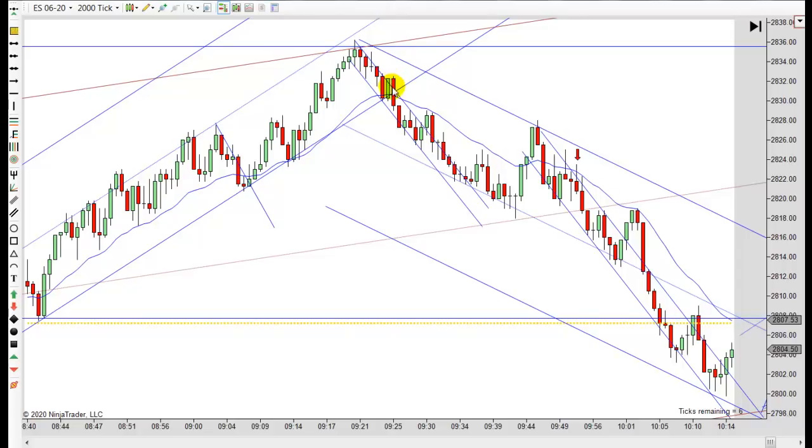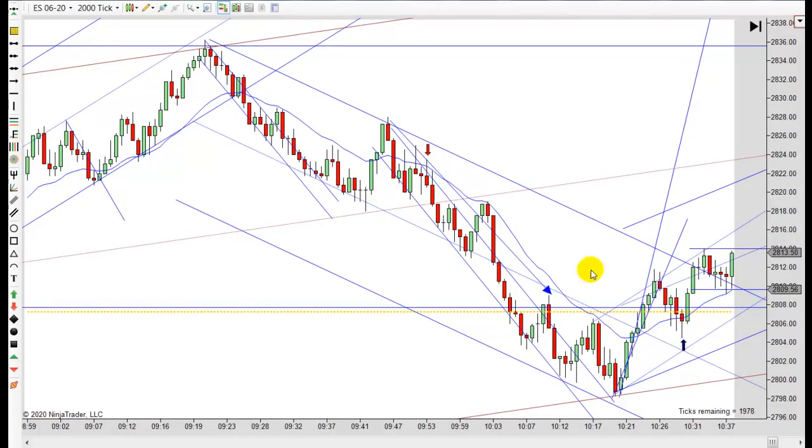But notice how that little channel is still in play, and you get a close outside here, and then a couple of legs down to a new low, and then you bounce again. You get another correction. But this is probably just one leg right here, and you'll probably get another leg. So we're looking for prices at least to come here, but this thing goes a little further before you get a correction. So it's getting more bearish.